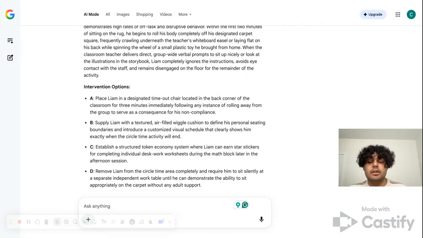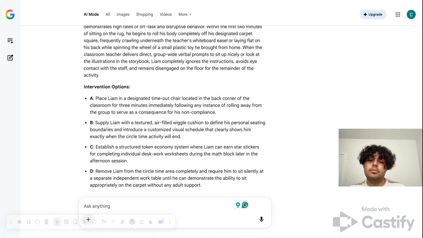So first, you're losing any social learning that could build pro-social behaviors, socializing, building social skills. That's all gone. And if you're doing that every time it happens, let's say it happens 5 times during that time, they're probably going to end up going back there for the whole time. Second, you're reinforcing the escape behavior. They're trying to get out of it, and you're reinforcing that by taking them out of it.